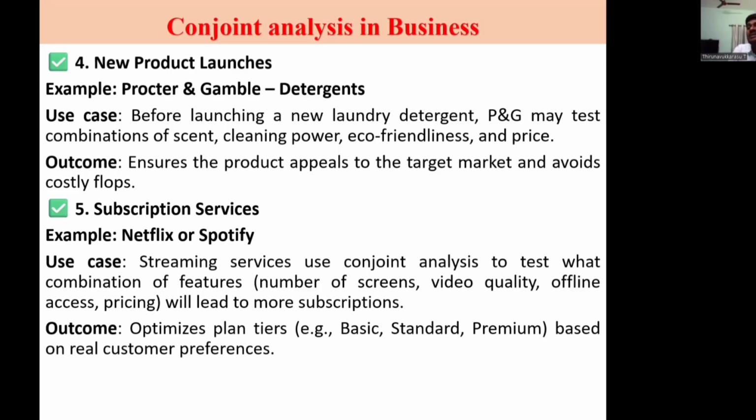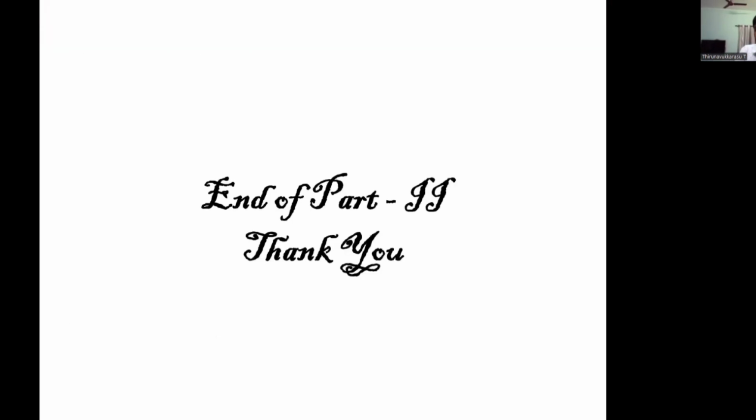Which attribute, which level, or which profile creates the highest number of subscriptions. And conjoint analysis also helps to understand the competitiveness of the market, and we are able to understand the winning strategy of the competitors through it.